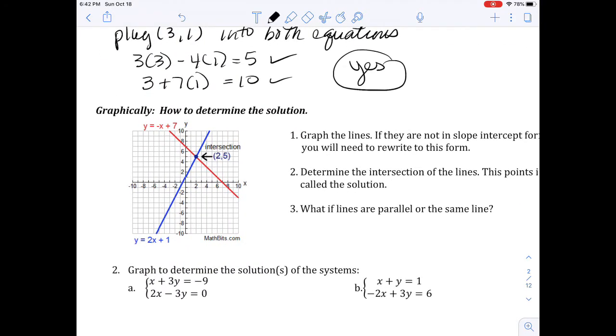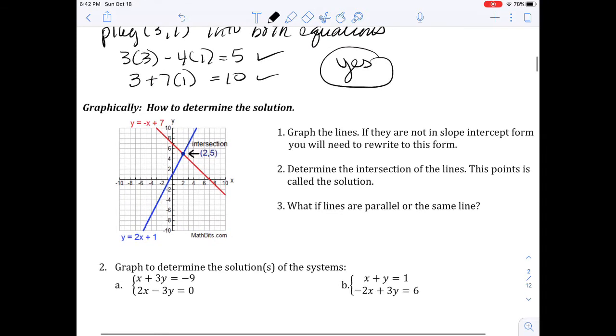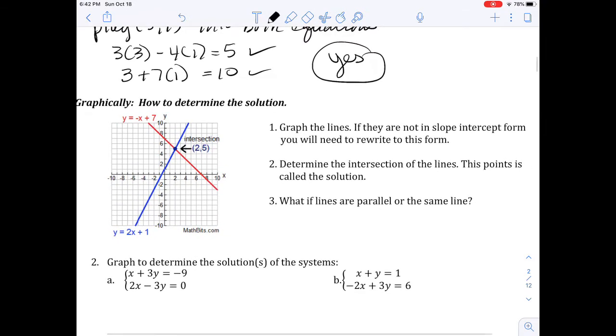One way to solve a system is to solve it graphically. Where the two lines meet will be the solution to the system. So you'll graph the lines. If they aren't in slope-intercept form, you have to rewrite them to that form. You determine the intersections of the lines, and that point is called the solution.